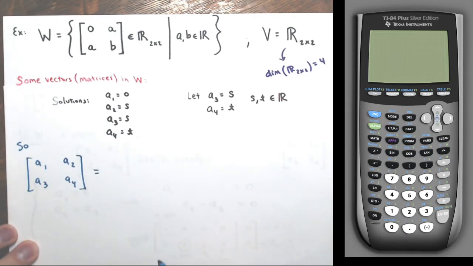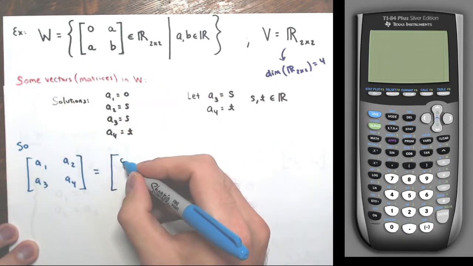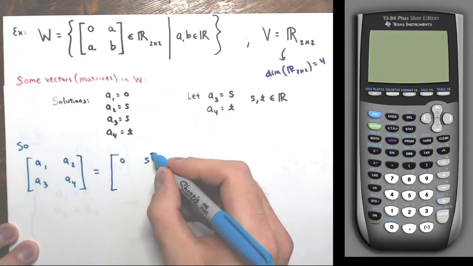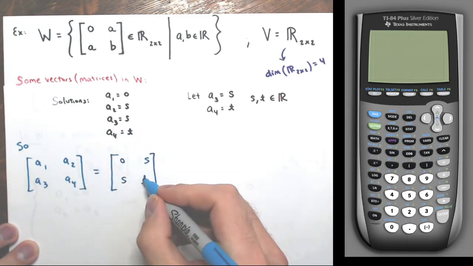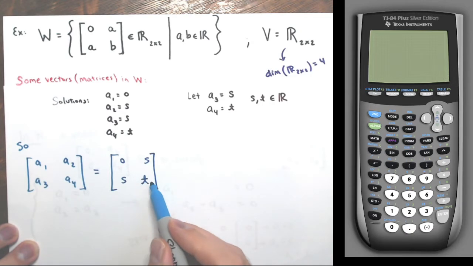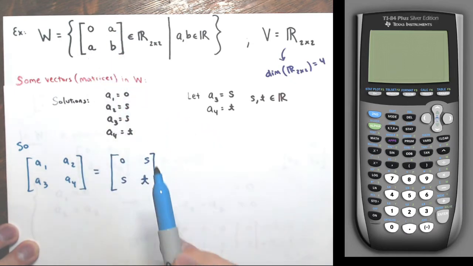If it's going to be in W, if it's going to be in this set, it would look like A1 is 0, A2 is S, A3 is S, and A4 is T. And do you see how it's kind of silly that I went through all this? See how this looks exactly like they already gave me, but instead of S's they have A. I could have just called the free variables A and B instead, right?